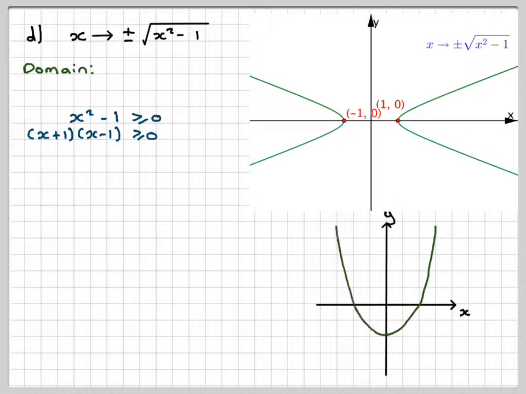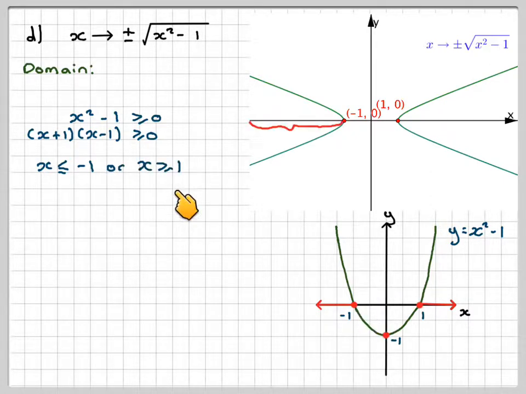If you draw a graph of y is equal to x squared minus 1, where is the graph positive? Well, it's positive here or here. Therefore, the inequality will be x is less than or equal to minus 1, or x is greater than or equal to 1. So the domain will be here and here.